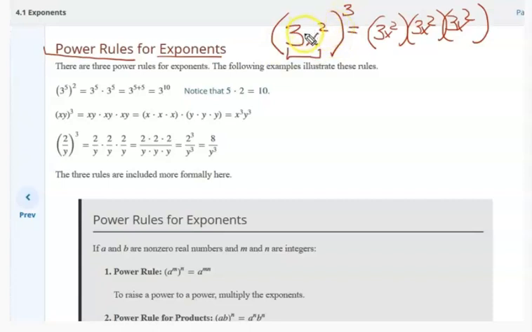Now, because of the parentheses and then something raised to the power, this is the base. But you might say, do you just add here? Or is it something different? Well, let's get this answer. 3 times 3 times 3 is 27. Now we add up our 2's and we get x to the 6th.